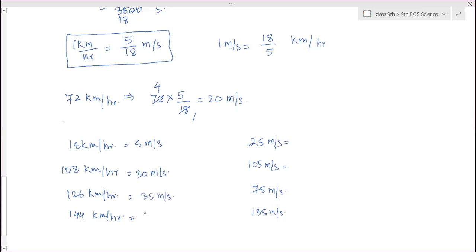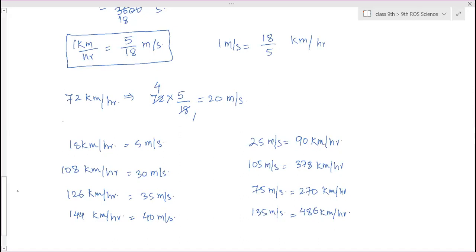Then 40 meters per second. Then 90 kilometer per hour, 378 kilometer per hour, 270 kilometer per hour, and 486 kilometer per hour.